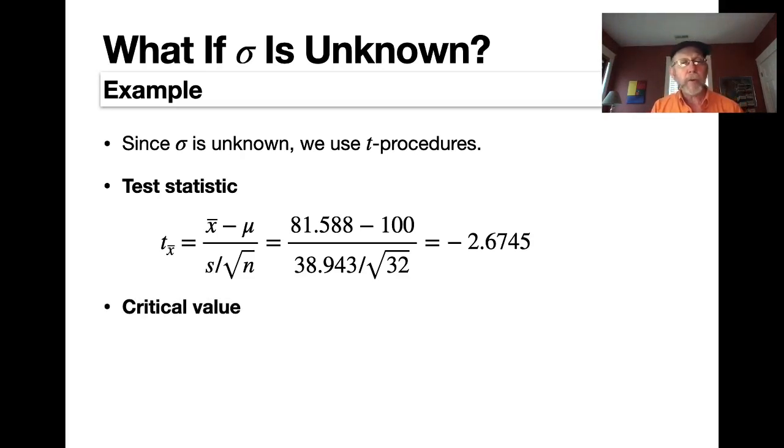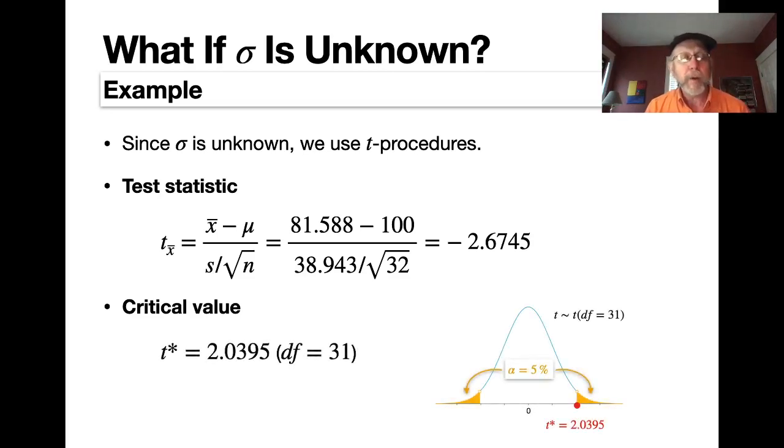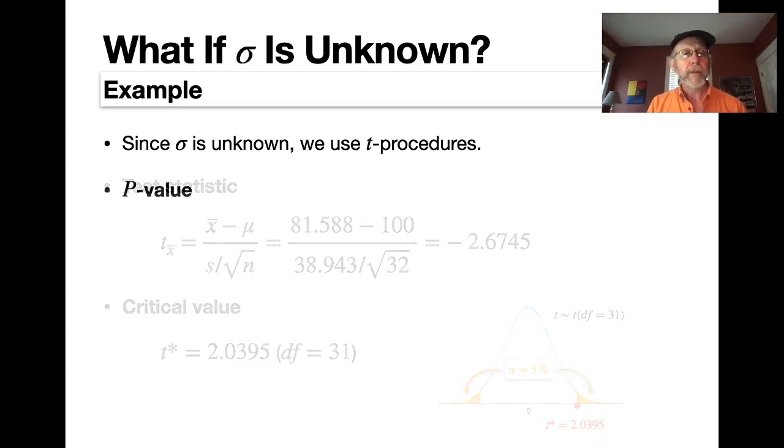Our critical value, well, here we're doing a 5% significance test, so this would correspond to the critical value for a 95% confidence interval, assuming sigma's unknown. And we know how to do that. So that turns out to be 2.0395, and that comes from the t-distribution with 31 degrees of freedom.